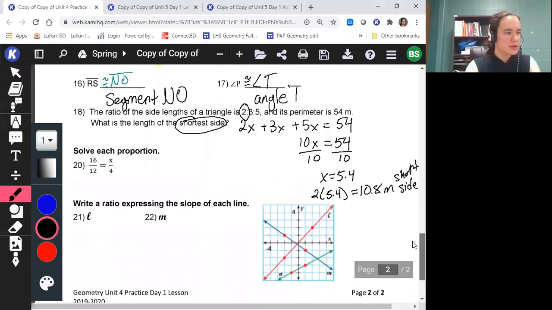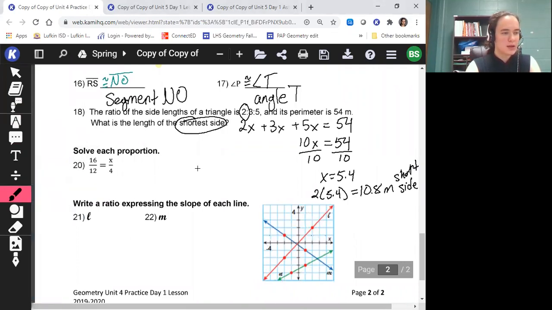Next up, we want to solve the proportion 16 over 12 equals x over 4. Remember that we cross multiply. So 16 times 4 equals 12 times x. And 16 times 4 is 64 equals 12x.